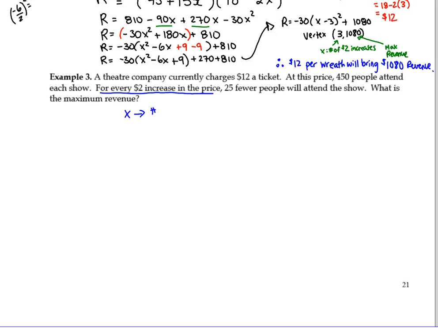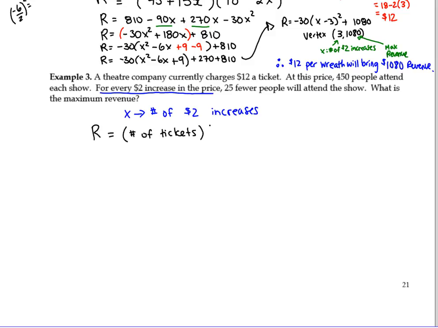The number of $2 increases. Revenue in this situation would be what times what? Okay, so the number of tickets times the cost per ticket.